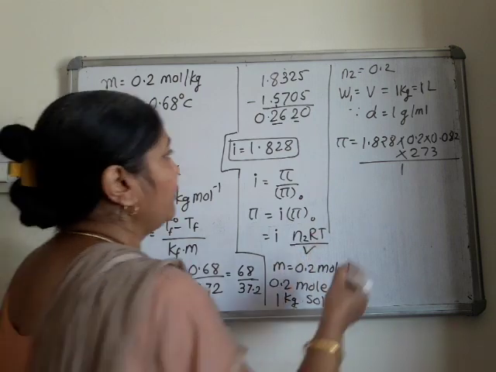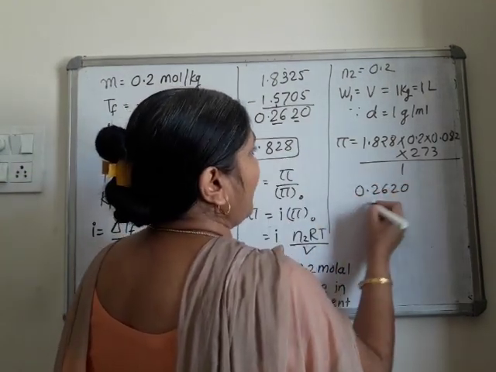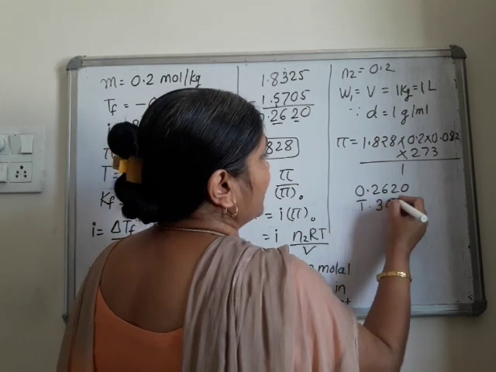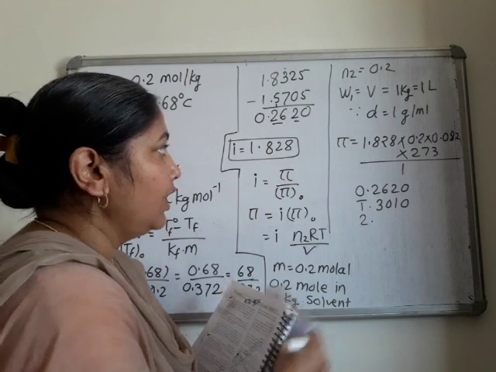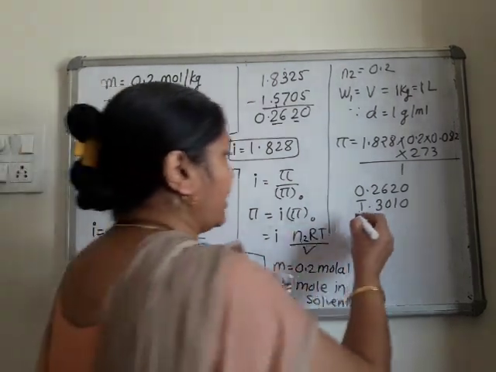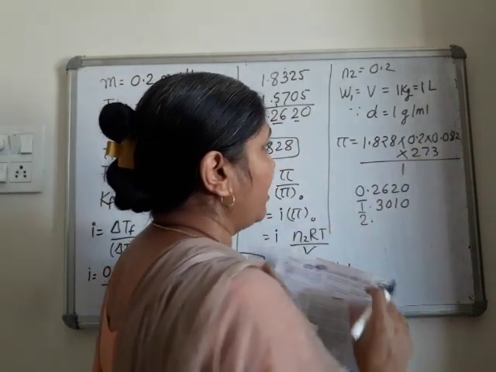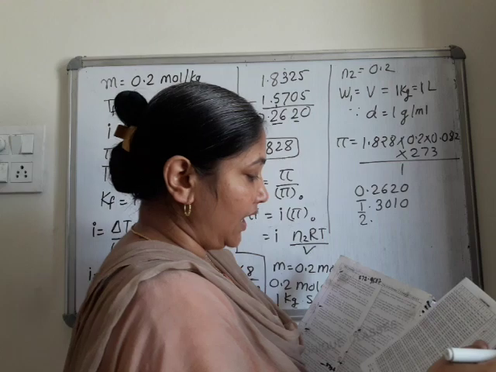So just multiply this. This log is 0.2620. 0.2 is bar 1 3010. This is 273 and 82. We have to see the logs. Log of 82 is 9138.